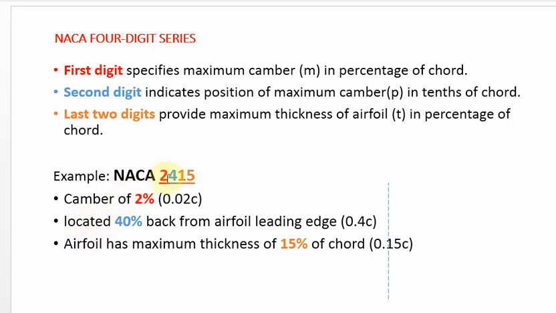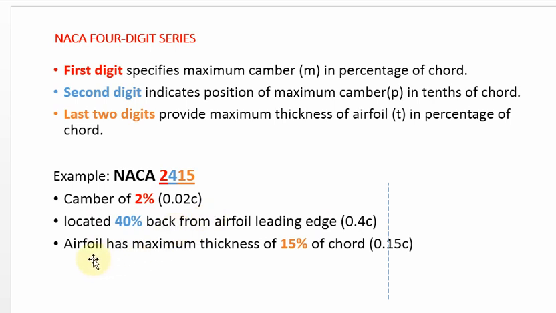The 2% will be the camber value, and 4 denotes 40% from the leading edge, the position of your maximum camber. That is 40 divided by 100, which gives 0.4, with C meaning the chord value. You have to multiply with the chord value, and that is the location of your maximum camber.